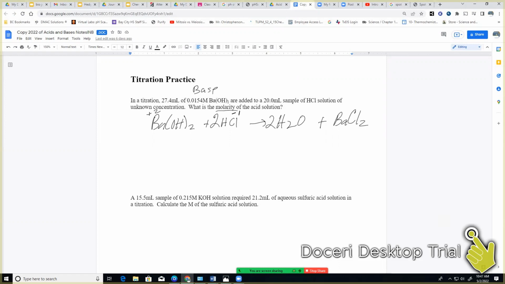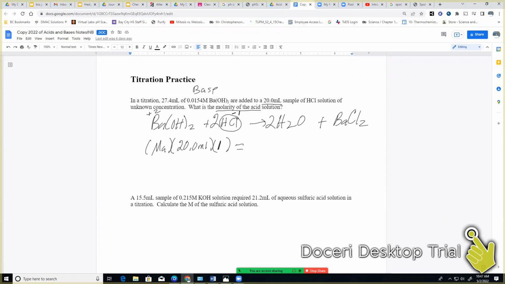All right. Once again, we're trying to find our Ma. It said that I had 20 mL of my acid. And hydrochloric acid, I'm just interested in the compound. I'm not interested in the coefficient for this. So it is still 1.